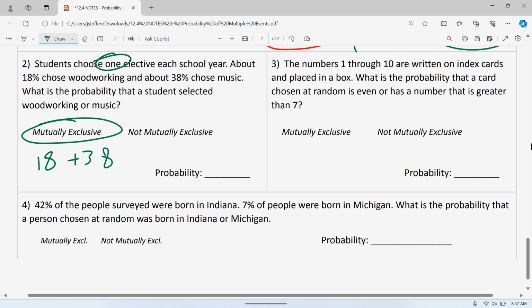So 18 plus 38 is 56. But again, for me, I'm going to do 0.18 plus 0.38. That gives you 0.56, or you can make it 56%.